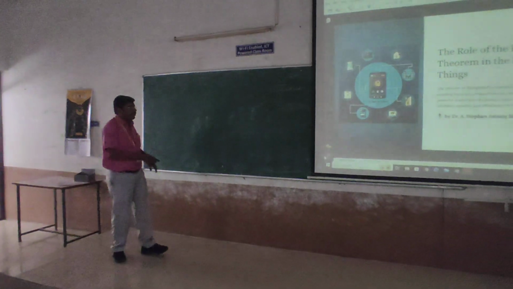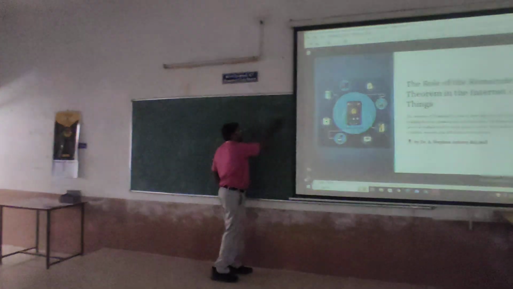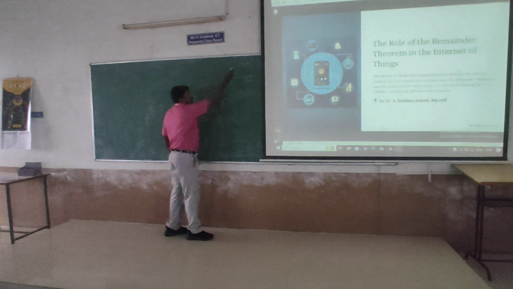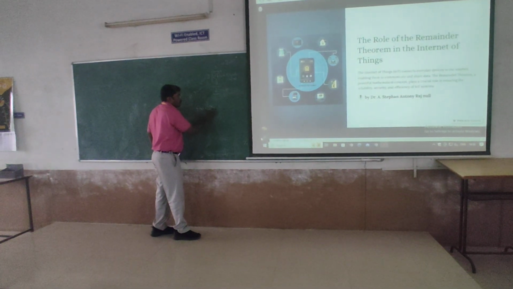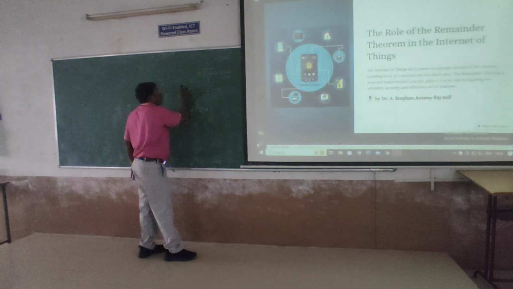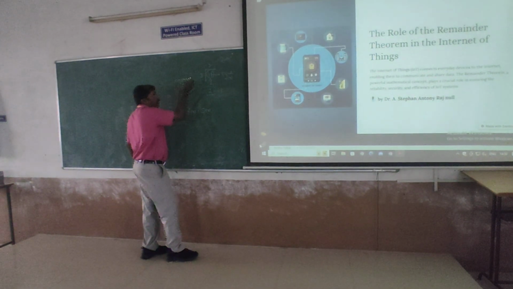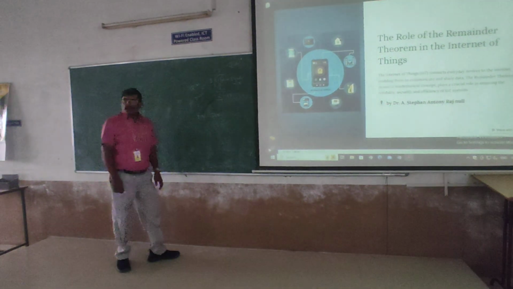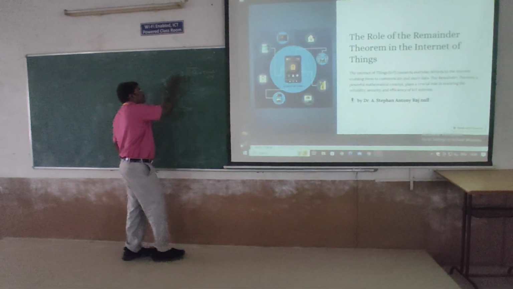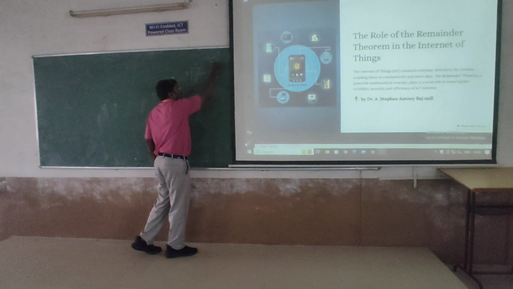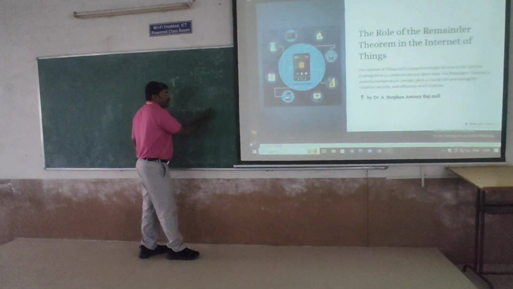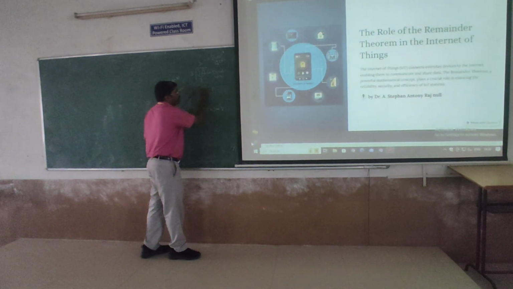Now, how is this to be written in equation form? Suppose I take this as f of x. If I take the divisor as g of x and the quotient as q of x, I can write this as f of x equals q of x into g of x plus r of x.